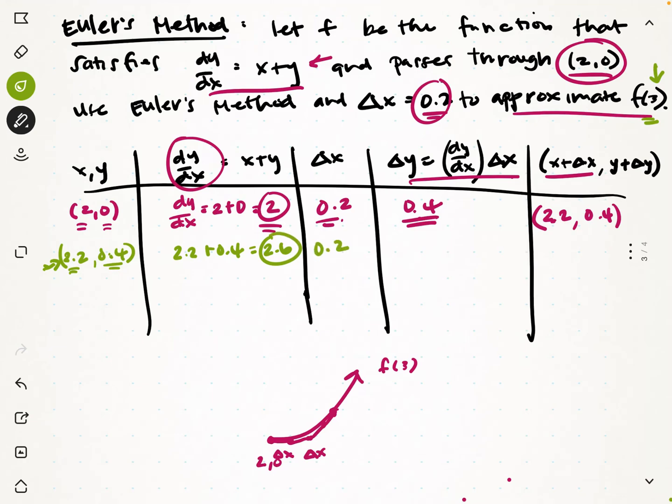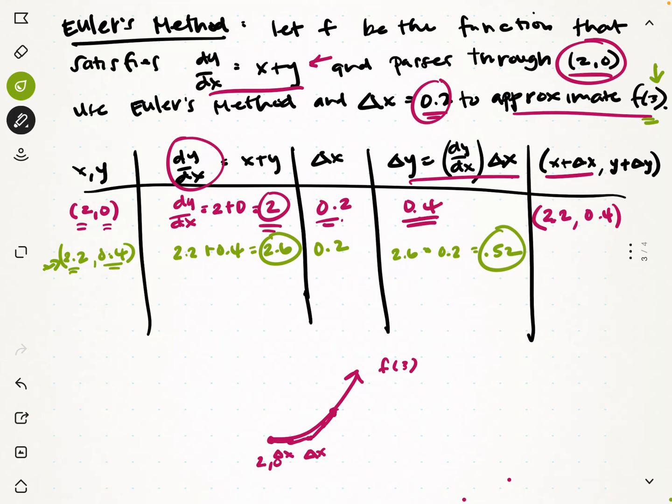Change in x is still 0.2. The change in y is going to be dy/dx, which is 2.6, times delta x, 0.2, which gives us 5.2. No, 0.52. Missed the decimal place. 0.52. And then we do that last part again where we add our x and our delta x.